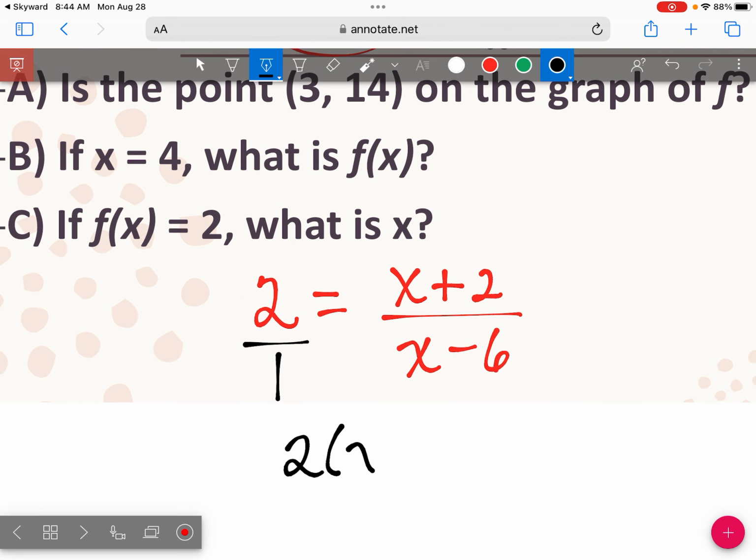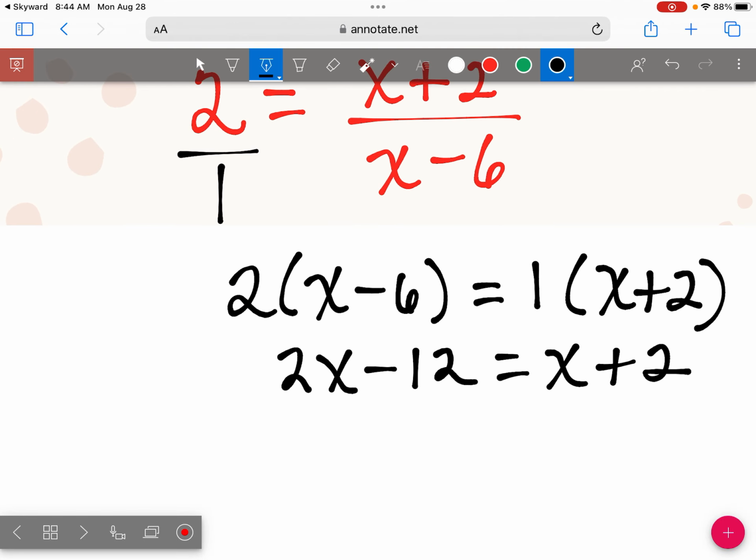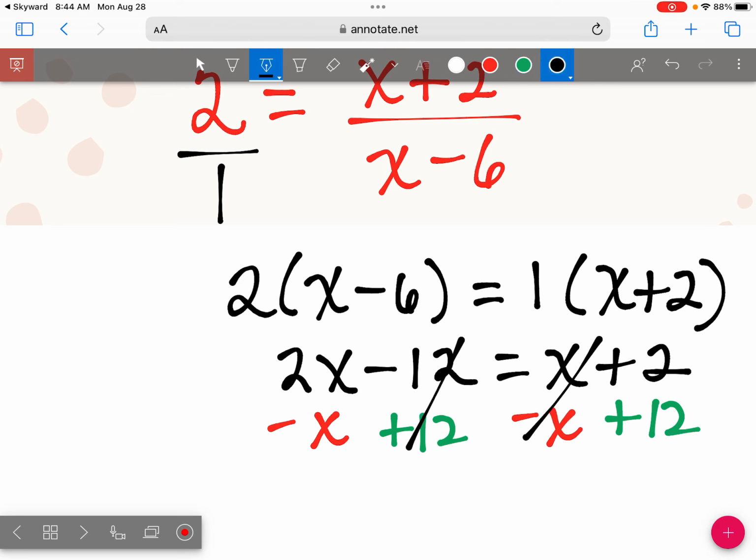So 2 times (x minus 6) equals 1 times (x plus 2). So 2x minus 12 equals x plus 2. I'm going to subtract the x and add the 12. And that gives you x equals 14. And that is your answer.